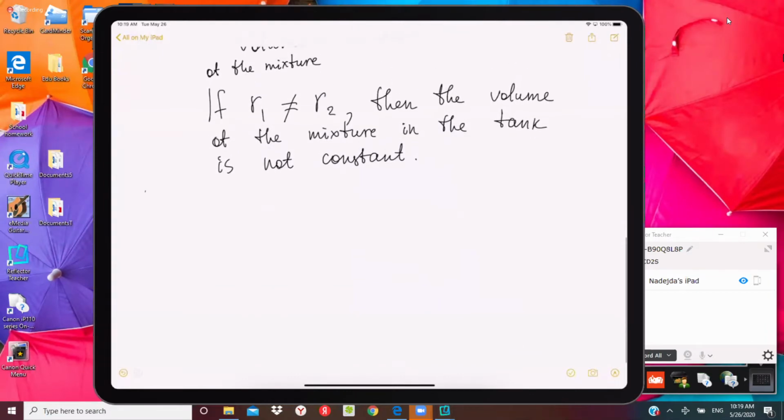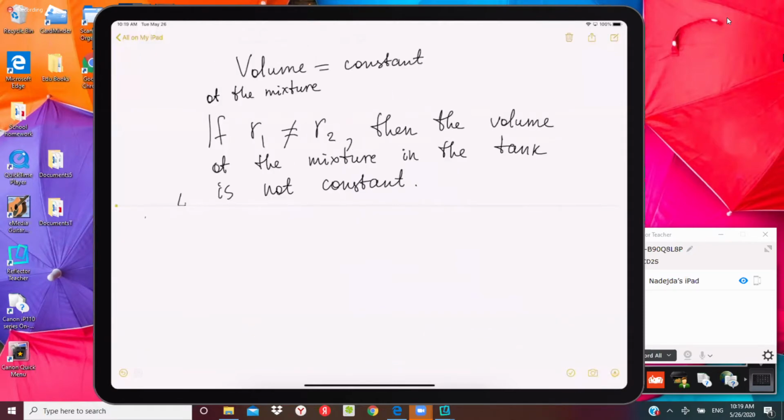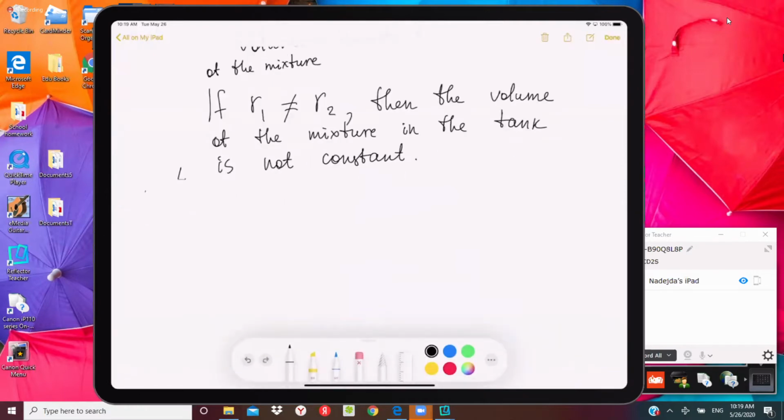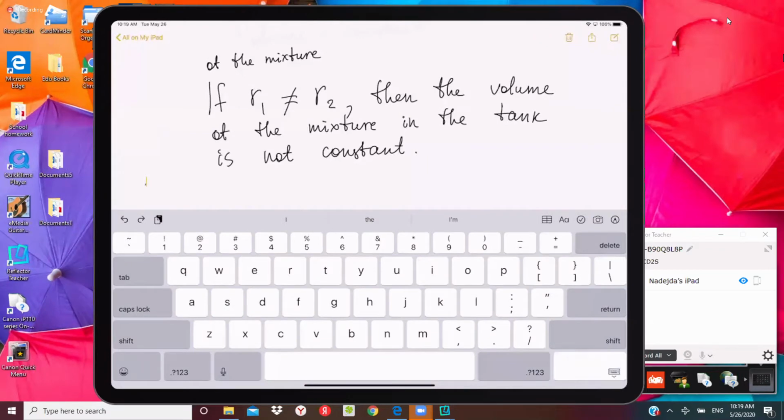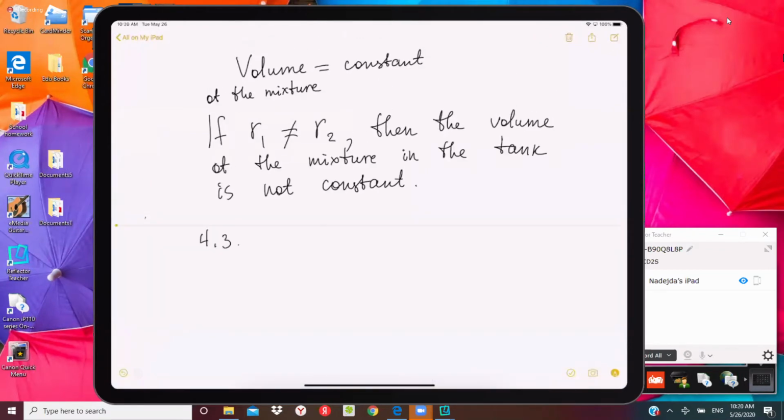Section 4.3, again, linear homogeneous differential equations, DEs, with constant coefficients.